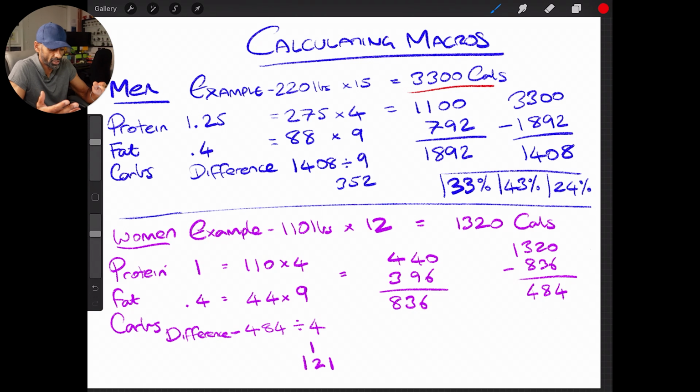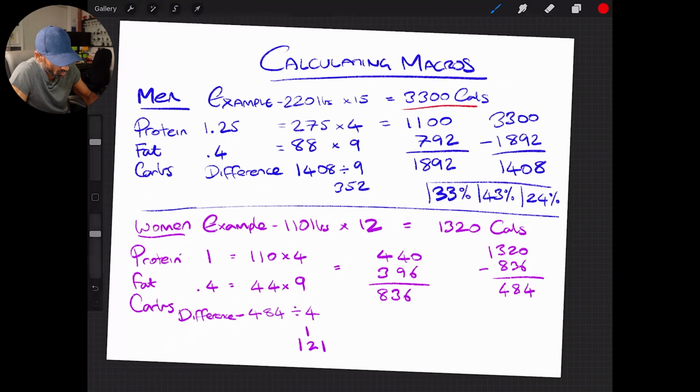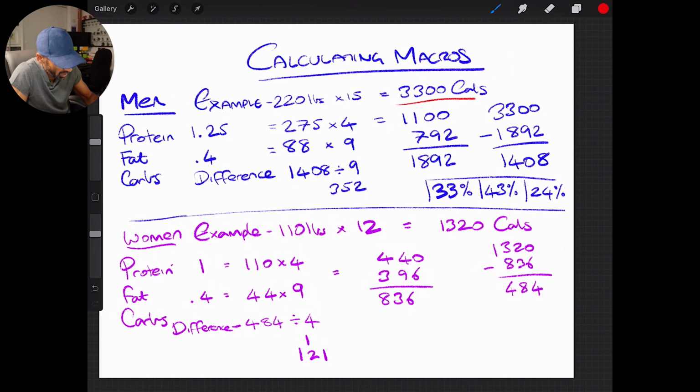You can work that out for yourself, but this is just a formula I'm using to show you an example. We take 1.25 times 220, the weight. That comes to 275, times 4. Why 4? Because in 1 gram of protein there are 4 calories. So that gives us our calories right there, 1,100.